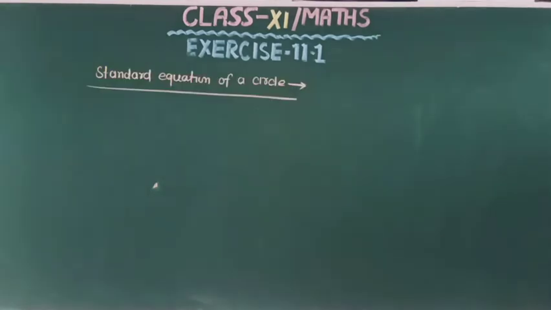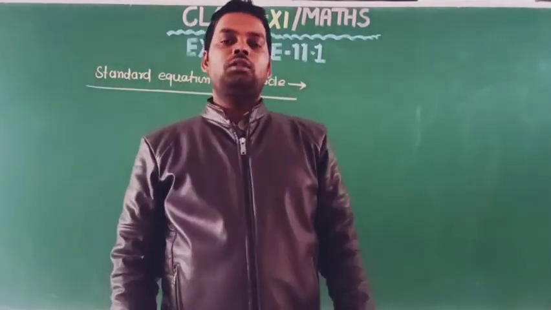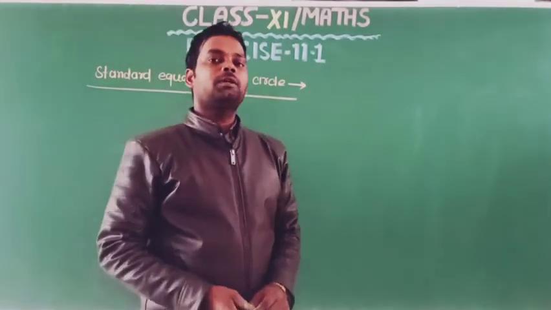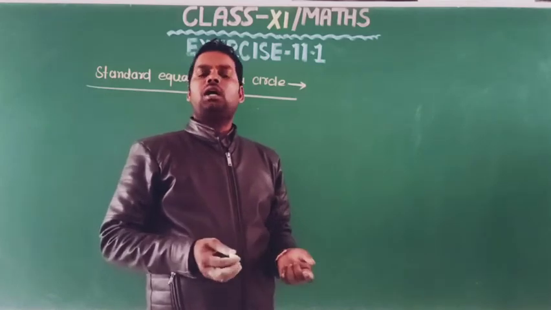Now we will find the equation of a circle with center h comma k and radius r.